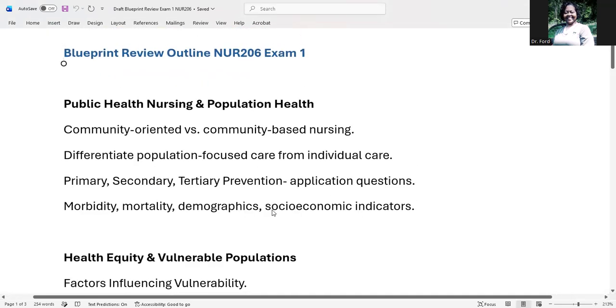And so we'll just go through these and you can stop me if a question arises as we review the information. So community oriented versus community based nursing. Remember, one, we're taking care of the individual, and the other, we're considering the entire community.